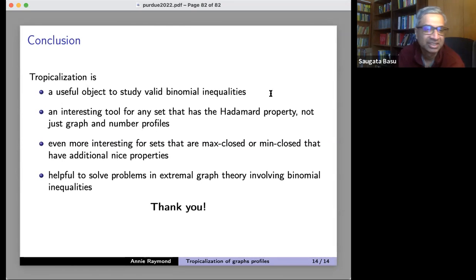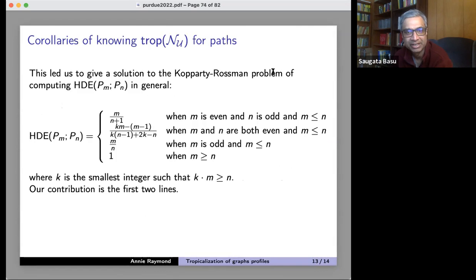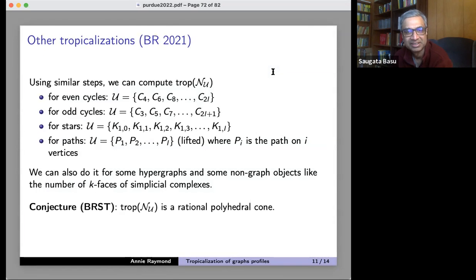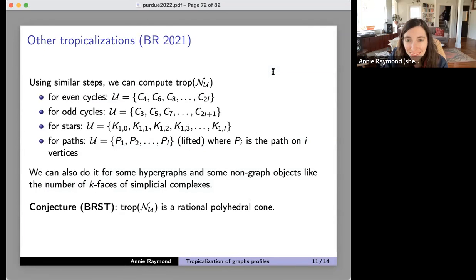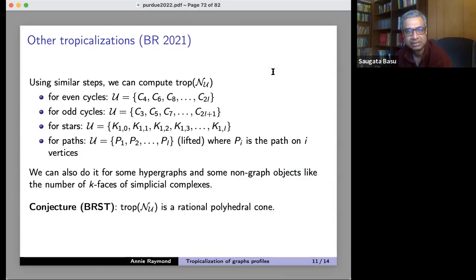I'll ask a question. So you have this conjecture about polyhedrality in general, right? Yeah. Maybe related to that, in the cases where you can prove this polyhedral, does it come with some bounds on the number of faces of the polyhedra in terms of the graphs?